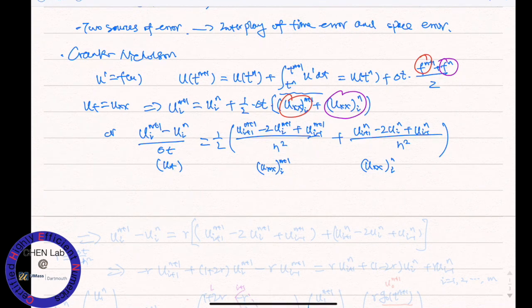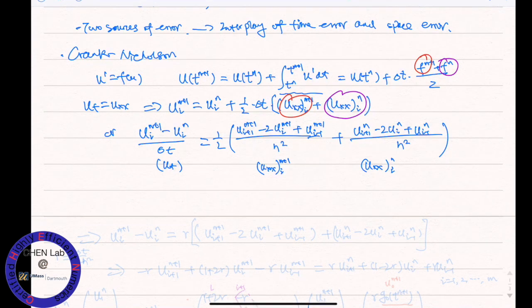If we write this like what we did for the first scheme, the unknown values at n+1 were in terms of everything else, in terms of the values at n. We cannot really rewrite this in terms of u_i^{n+1} alone.